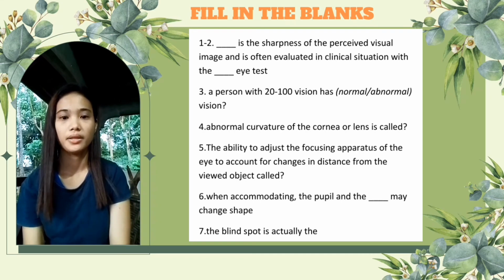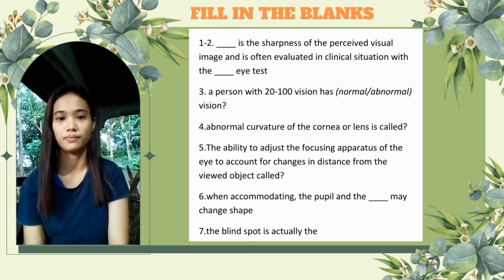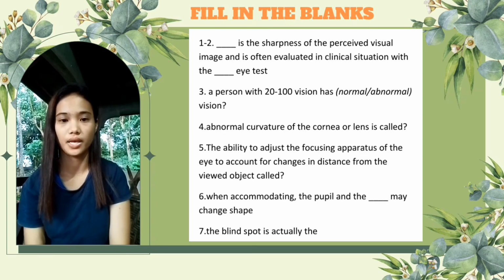Number 5: The ability to adjust the focusing apparatus of the eye to account for changes in distance from the viewed object is called? The answer is accommodation. Number 6: When accommodating, the pupil and the blank may change shape. The answer is lens. Number 7: The blind spot is actually the? The answer is optic disc.